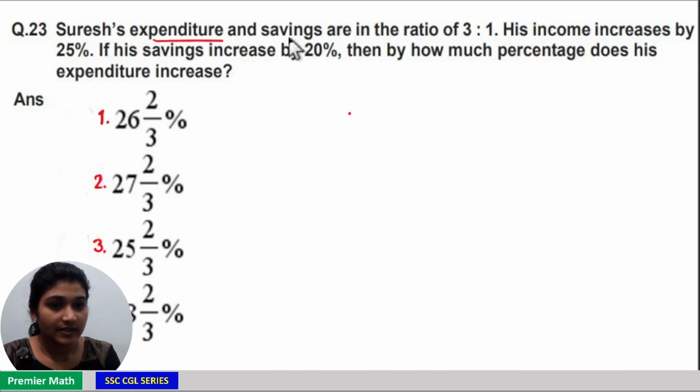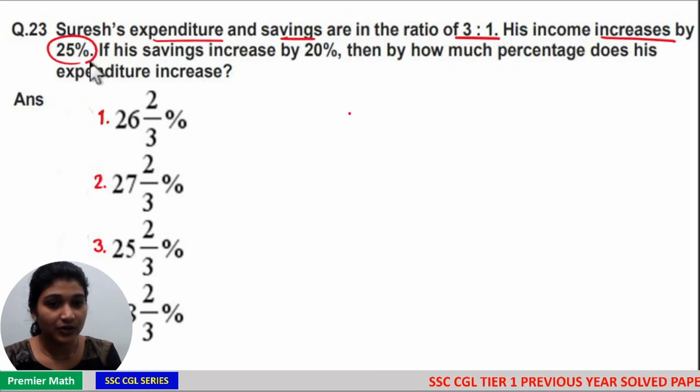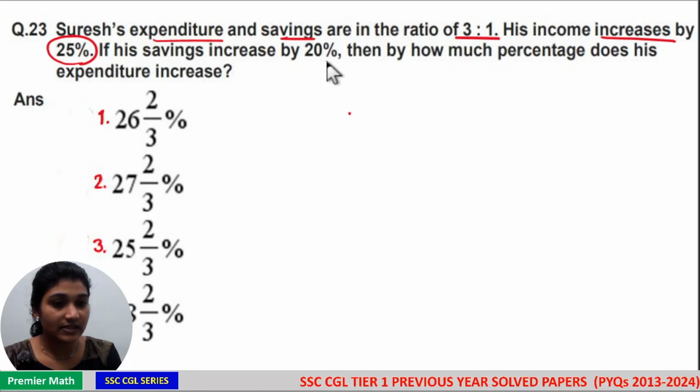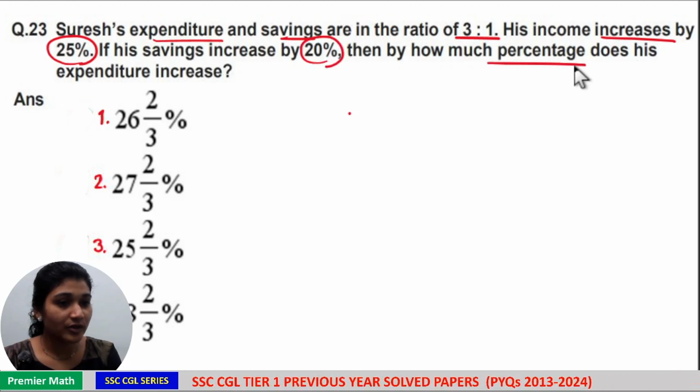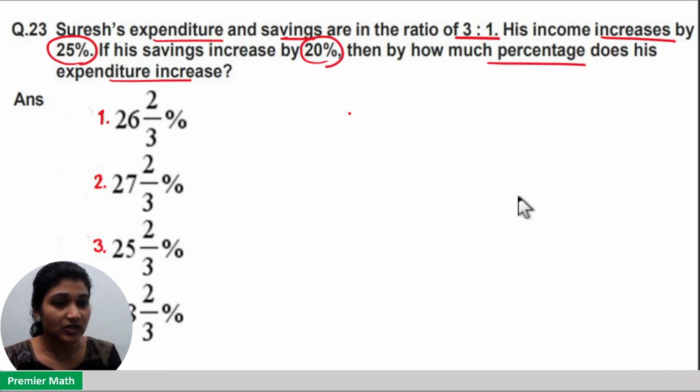Suresh's expenditure and savings are in the ratio 3:1. If his income increases by 25% and his savings increase by 20%, then by how much percentage does his expenditure increase? Here we already know income is expenditure plus savings.